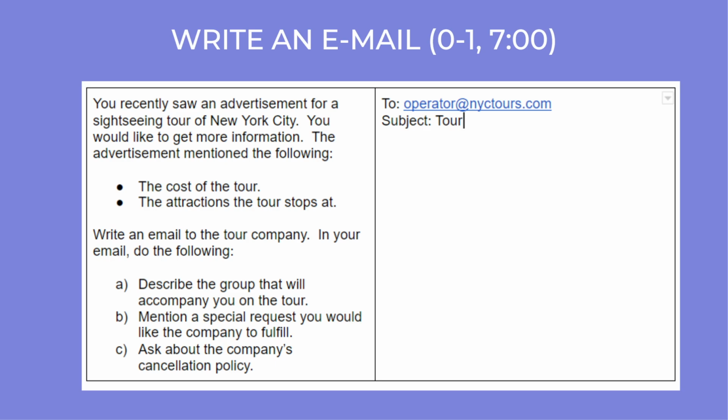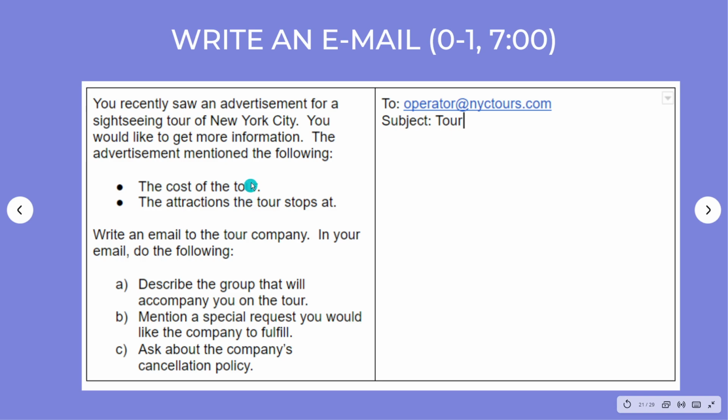Here's how it works. On the left-hand side of the screen, it describes a situation that you experienced. So in this case, it says you recently saw an advertisement for a sightseeing tour of New York City. And it's going to mention some specific details of the situation.